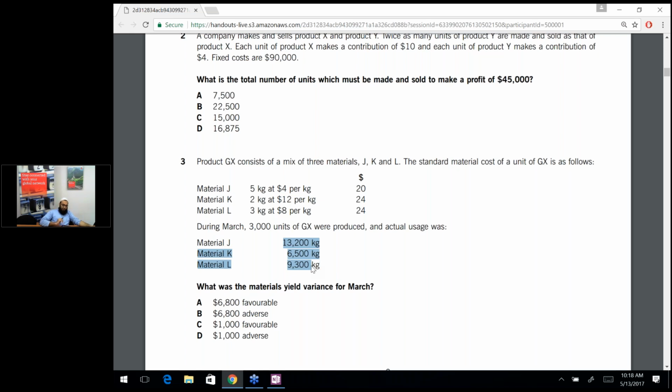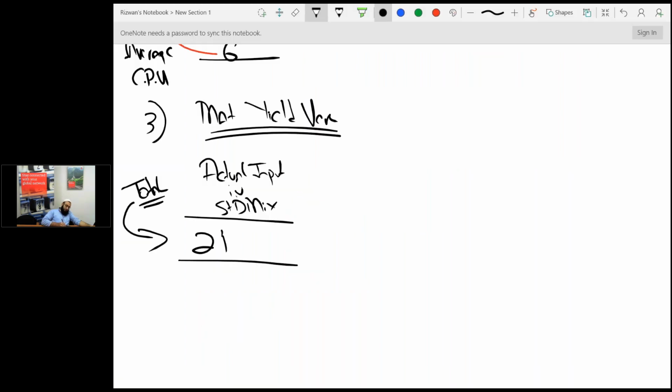So the actual input in total that I've used is 29,000. Once again, I'm not breaking this into individual material types because this is a shortcut. One can also learn this as a total input method calculation. What we discussed in class was the individual input method, and this is the total input method.